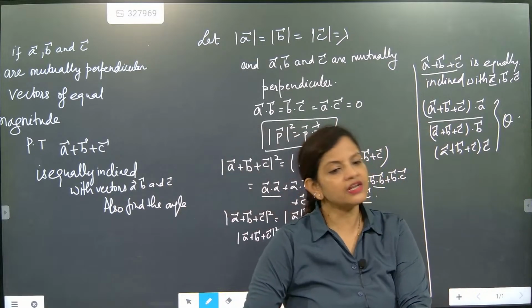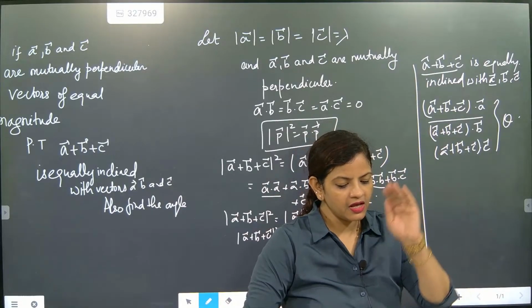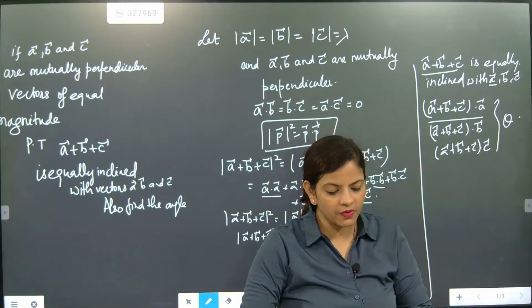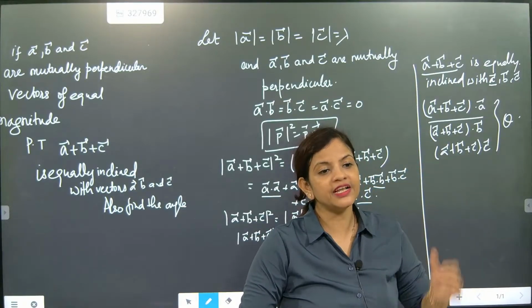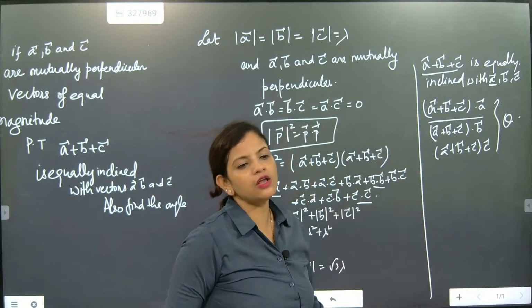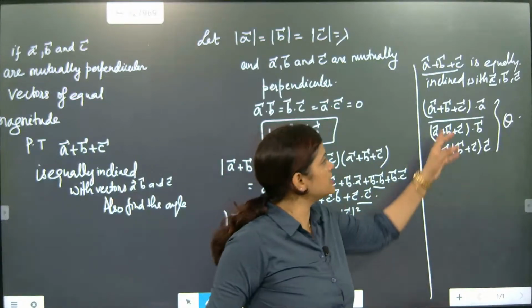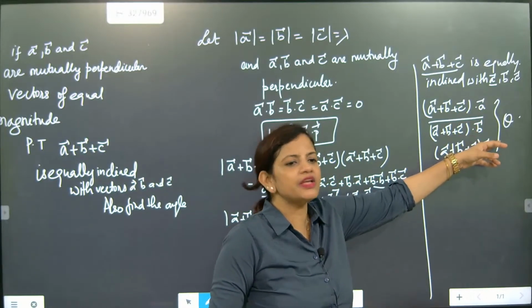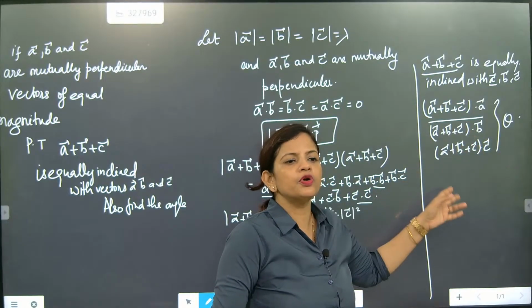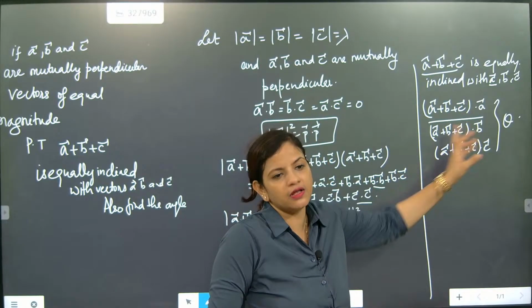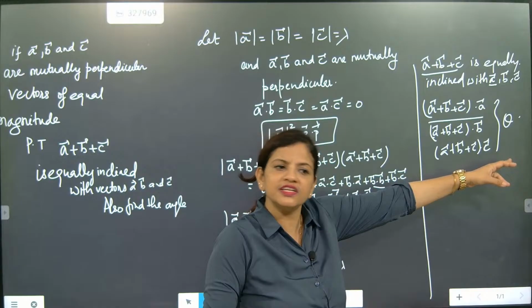Theta 1 will be equal to theta 2 will be equal to theta 3. If we take different angles, the dot product of this makes theta 1, this makes theta 2, and this makes theta 3.